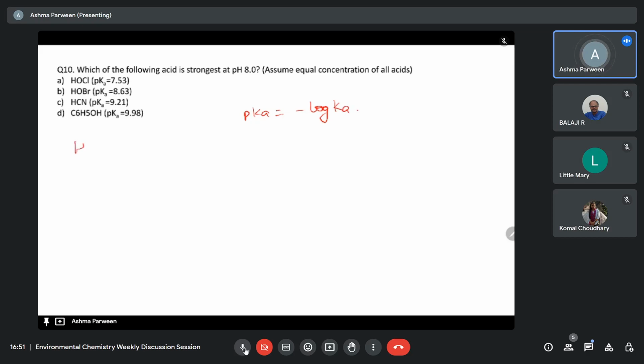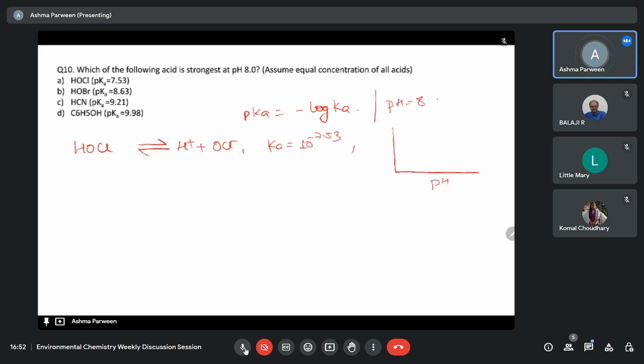If we see HOCl, it will form H plus and OCl minus, and its Ka will be 10 raised to minus 5.3, while the pH we have been given is 8.